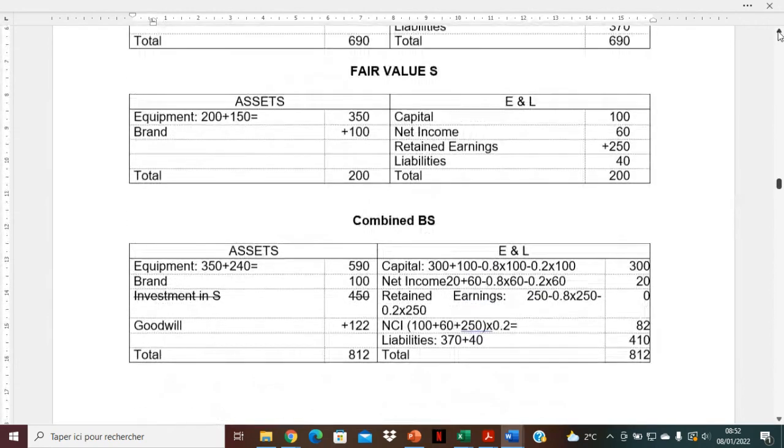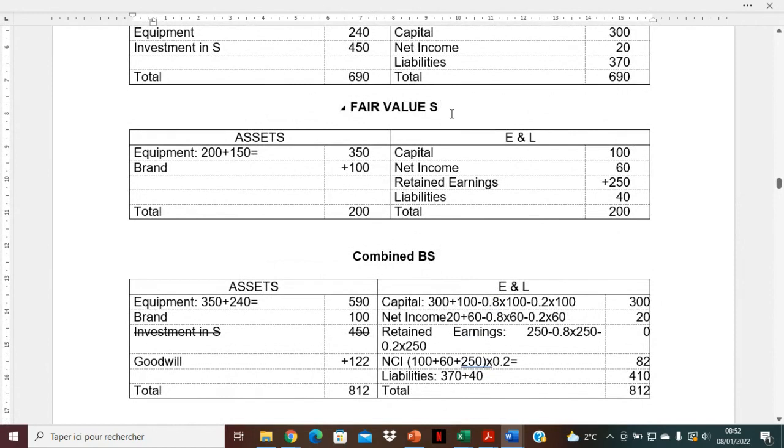So in the full goodwill method, in the first step, I will fair value S. We do the same thing, but here it changes a little bit, though it doesn't really matter. I would also introduce already the goodwill that we have calculated, and the goodwill is 140, which means that in the retained earnings, there's not an increase of 250, but 390.